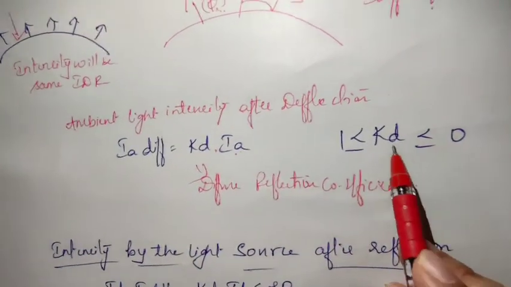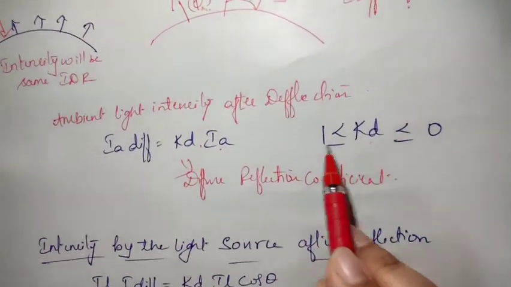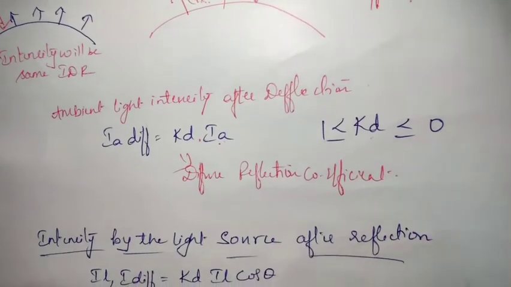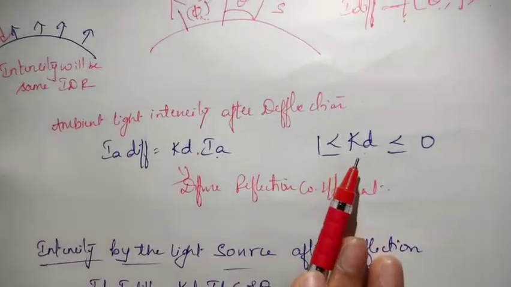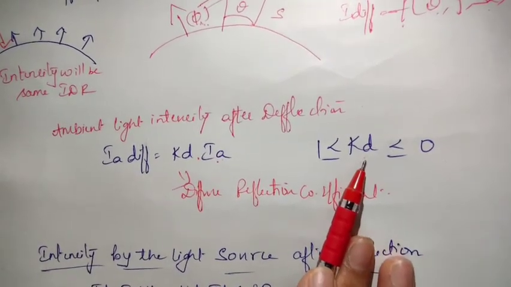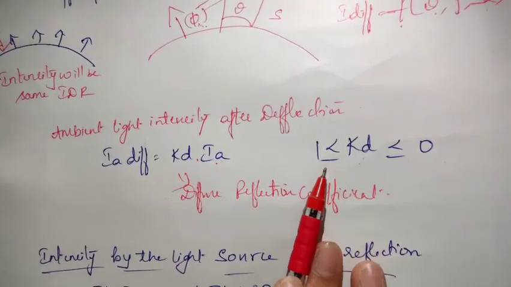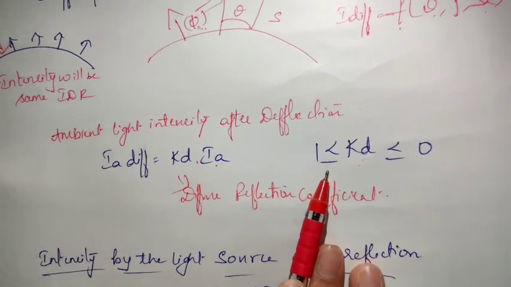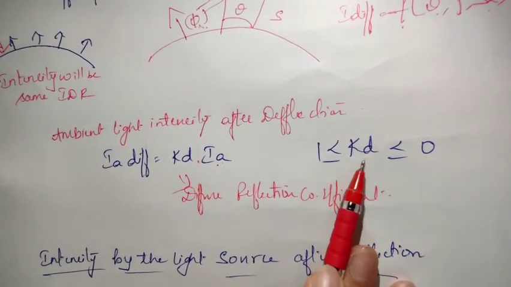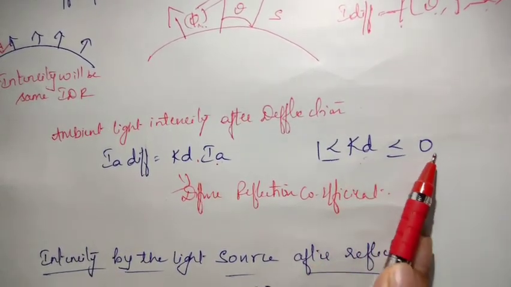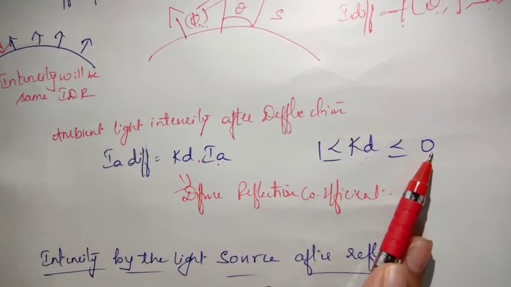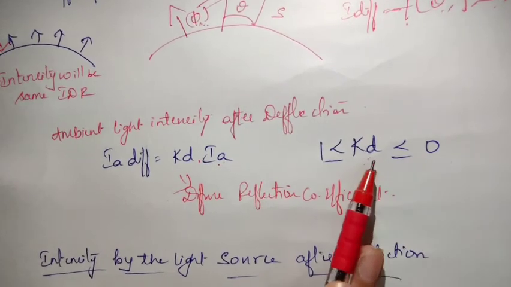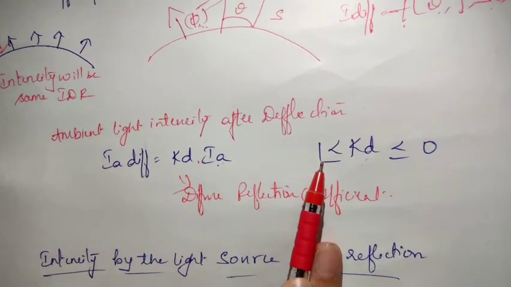This value ranges between 0 and 1. If KD, the diffuse reflection coefficient, is nearer to 1, the reflection will be more. If the diffuse reflection coefficient is equal to 0, the reflection is less. Whereas if it is equal to or nearer to 1, the reflection will be more.